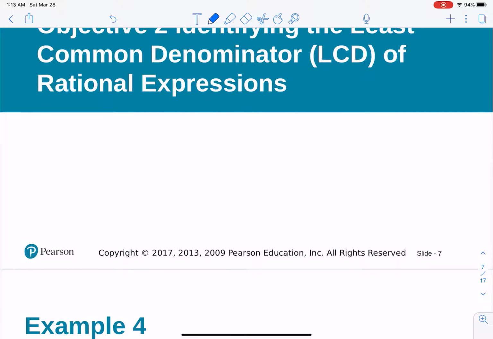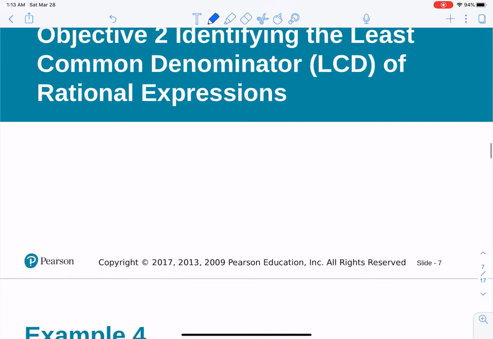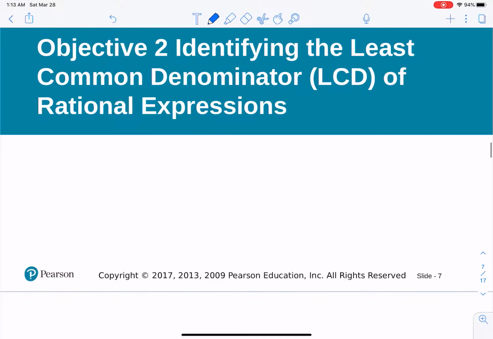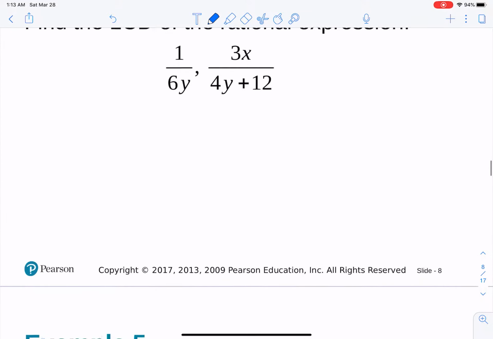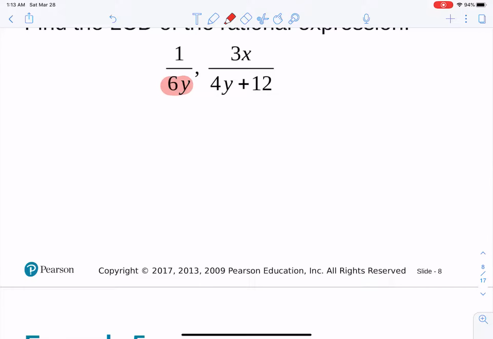If we do not have a common denominator, as I mentioned earlier, we want to find something called the LCD, which is the least common denominator. So here, we don't have identical denominators, so we start with 6y, which we can write as 1 times 2 times 3 times y.